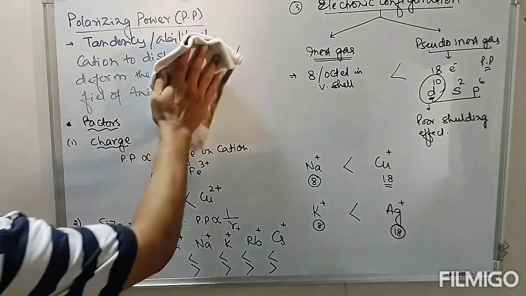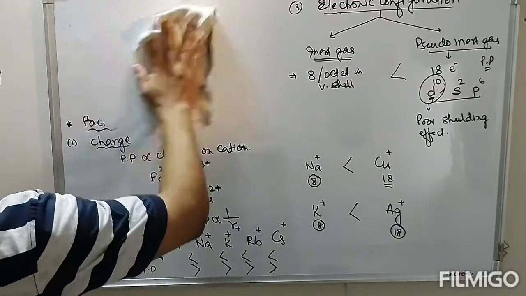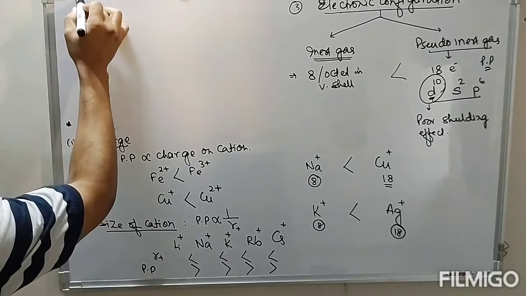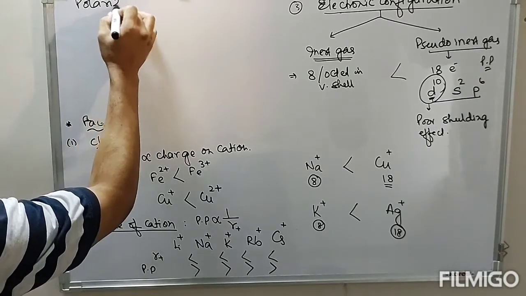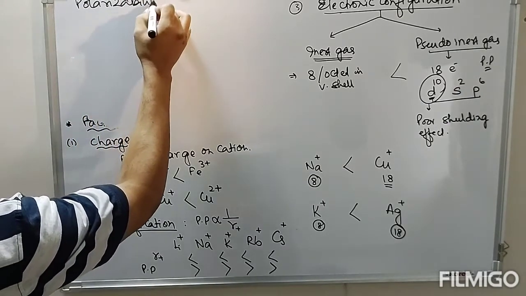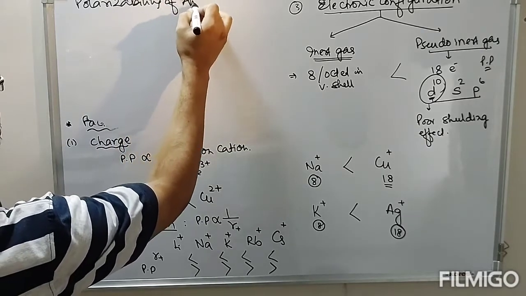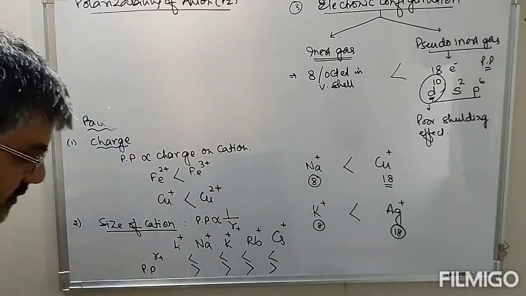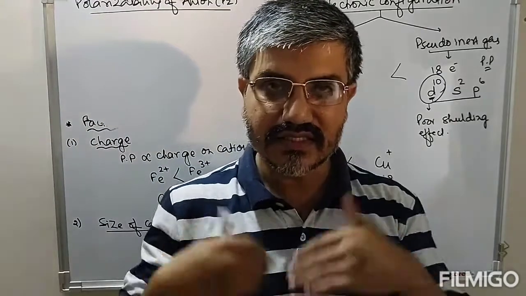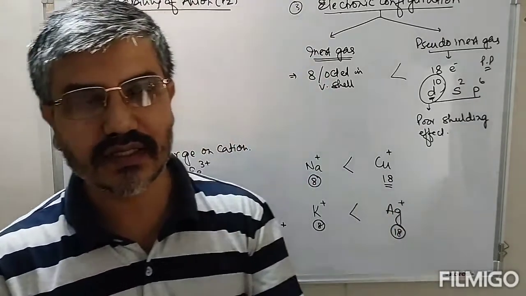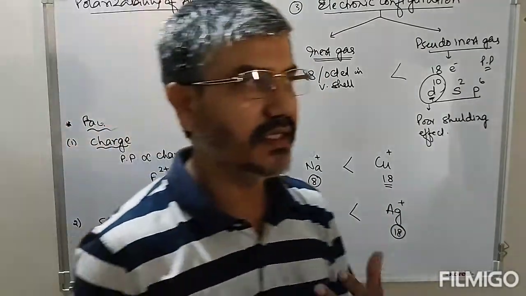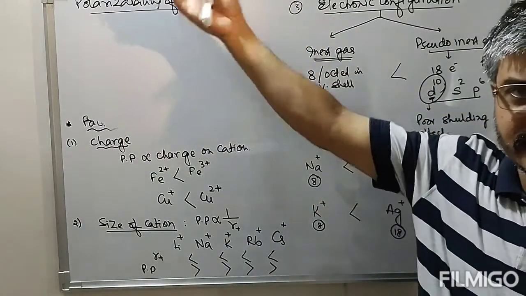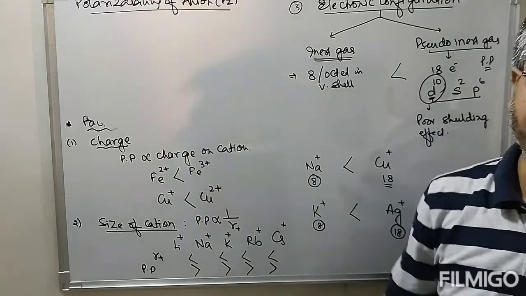Now coming to the polarizability of the anion. The cation is disturbing or deforming the electronic field of the anion, and that is defined as the polarizing power of the cation.